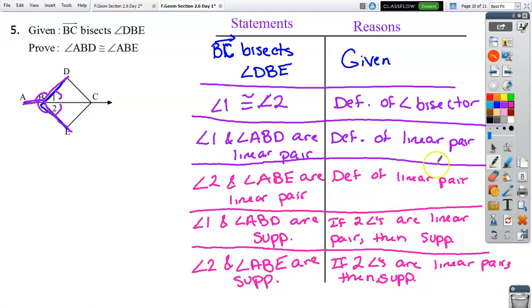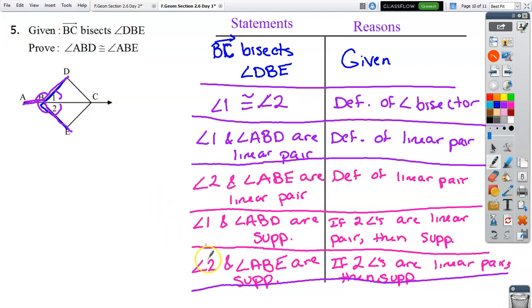Cool. Last step. Remember, in that same theorem, where we were talking about if two angles are supplementary to the same angle, then they're congruent. Well, that also said or congruent angles.